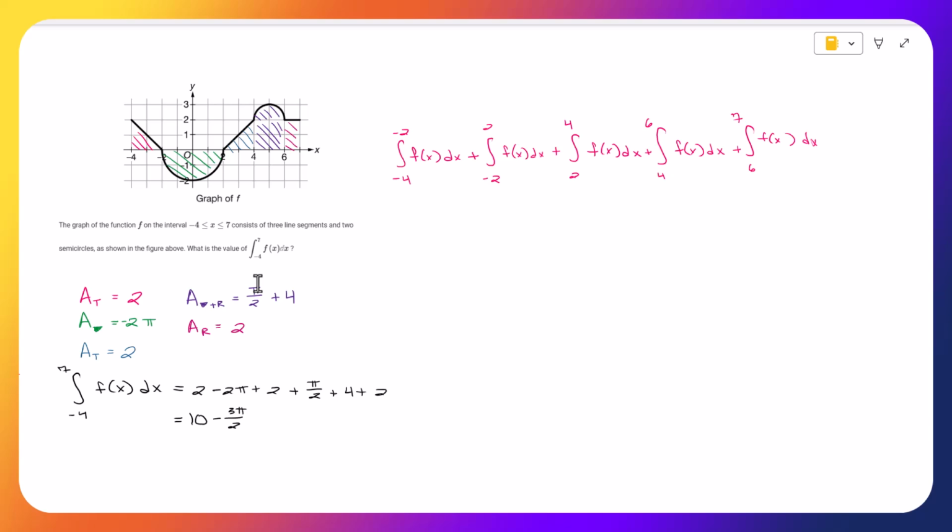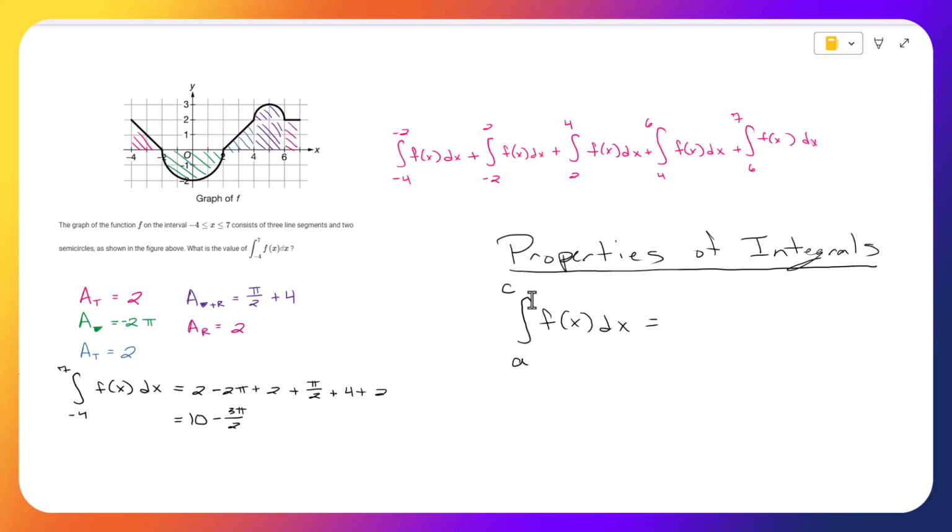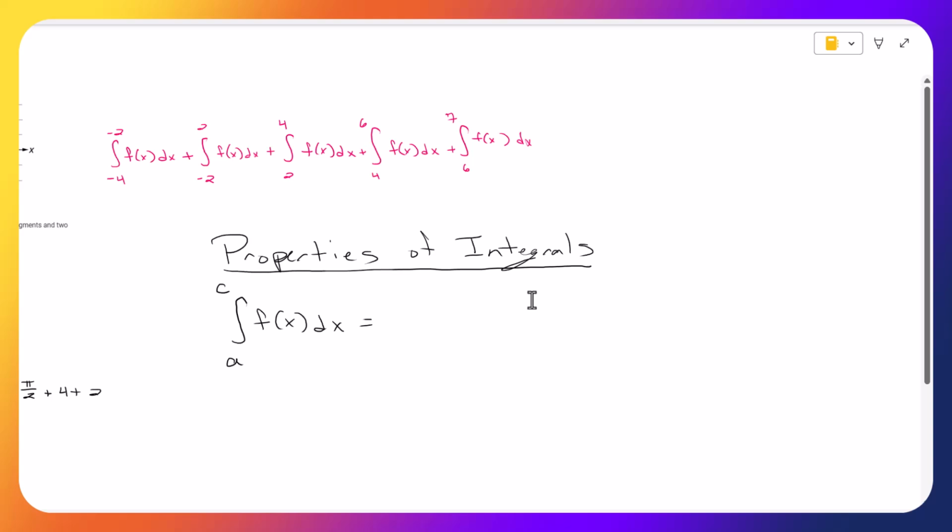So our first property, which is the one we just did, is if we have an integral from a to c of f of x dx, that's the same as if we have our integral from a to b of f of x dx plus our integral from b to c of f of x dx, where a is less than b is less than c.